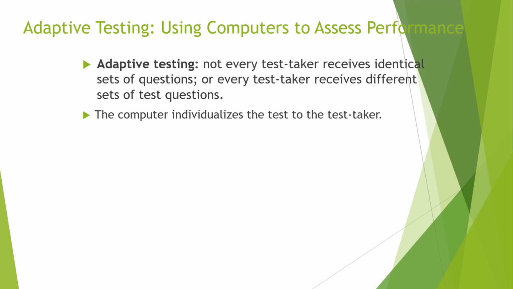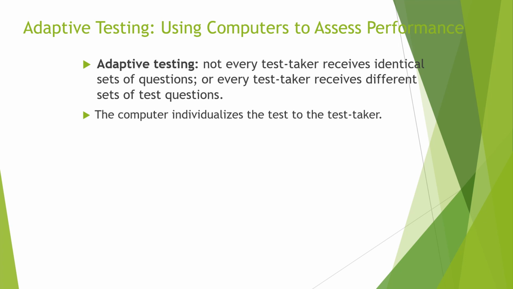So this would be the type of GRE test that I took when I was applying to graduate school. I sat in front of a computer and the computer would give me a question. If I got that question correct, it would go on to a more difficult question. If I got the question wrong, it would go to a less difficult type of question. So I took it individually, by myself, but it was administered by a computer.